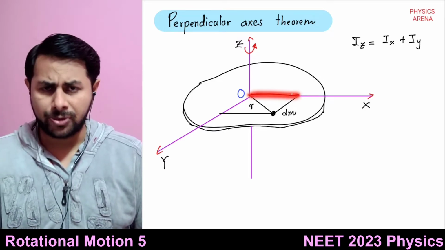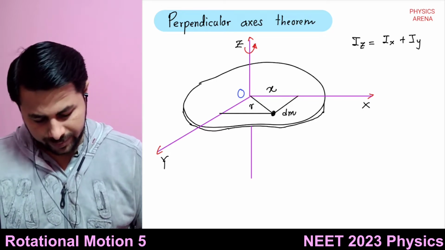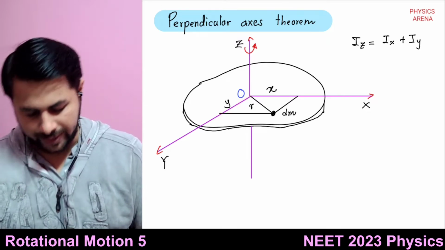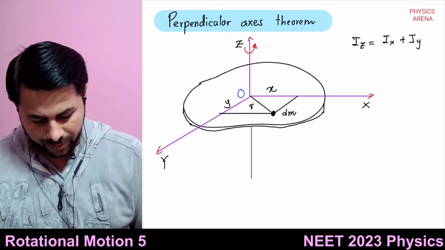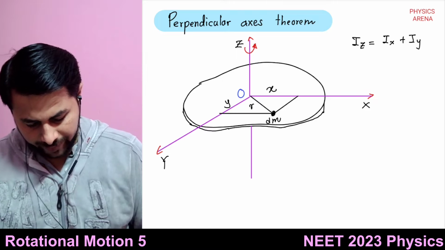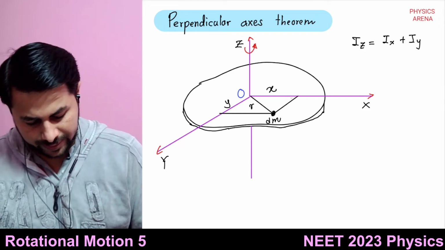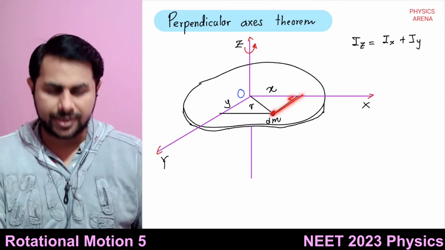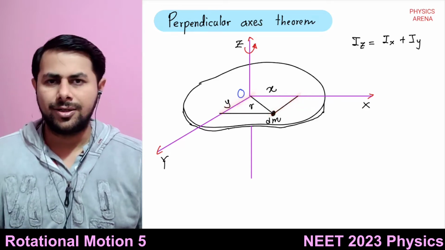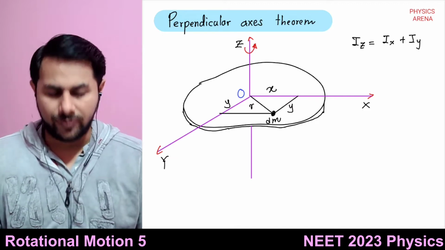This much distance is x, and this much distance is y. So when you draw the perpendicular on the x axis, the distance from the x axis is equal to y.